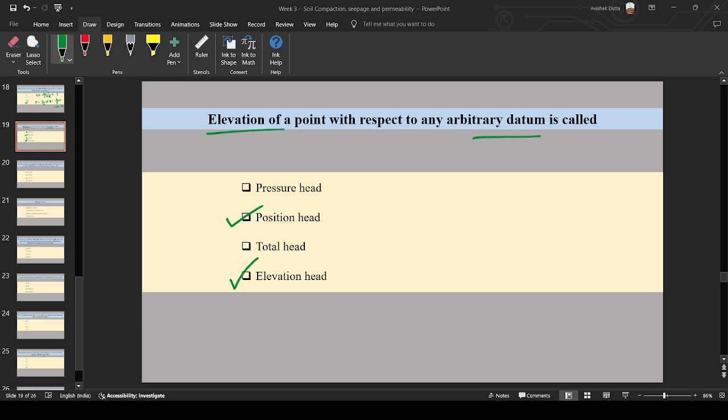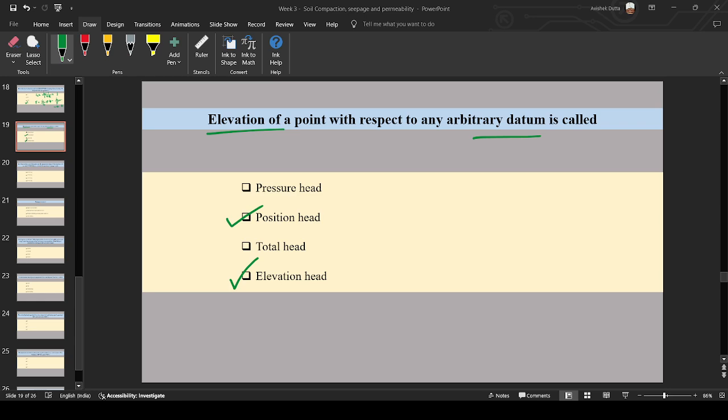What is ND? Number of equipotential drops, that is 15. So what is the answer? Solve it: 4 by 15 into 3 is 1.6 into 10 to the power 5. So Q equals KH into NF by ND. This is the formula for finding out the quantity of seepage.